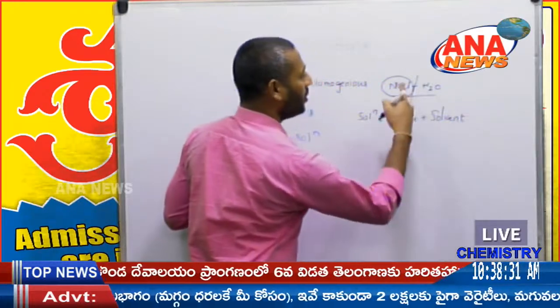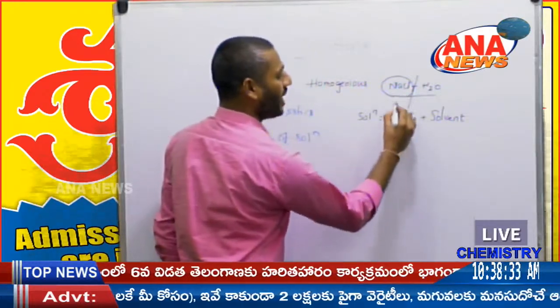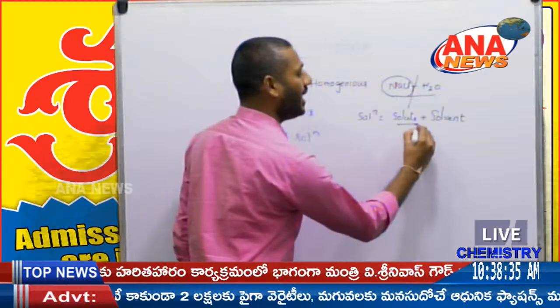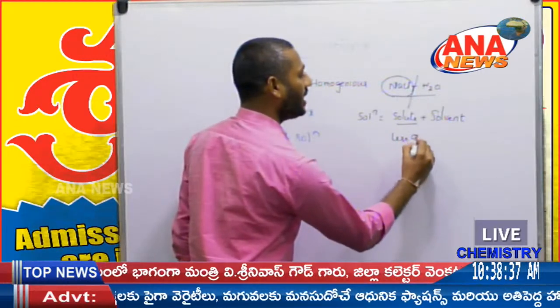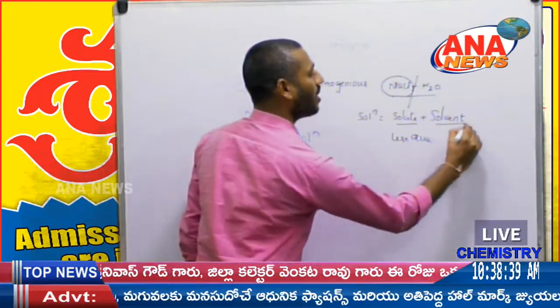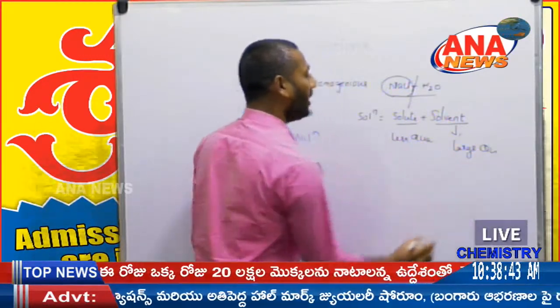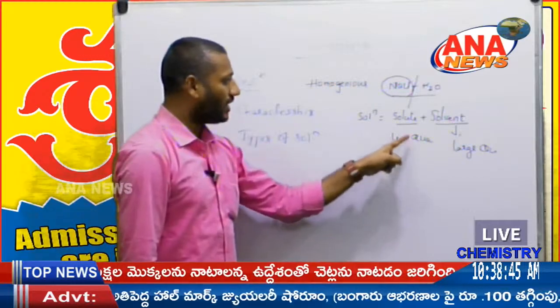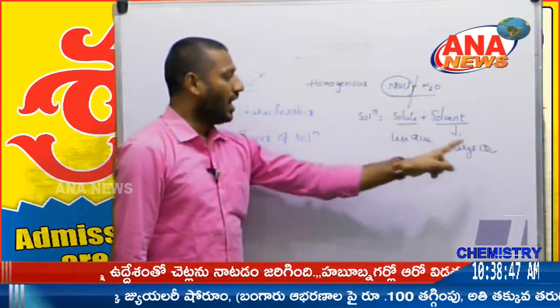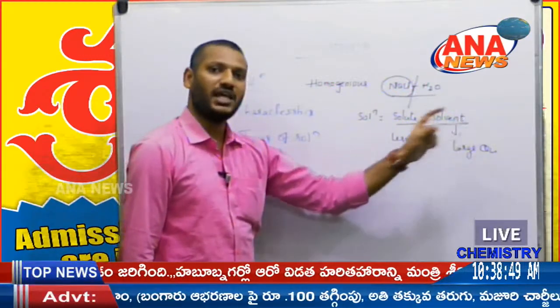In this solution, NaCl is the solute because it is the lesser quantity. Next, the solvent is the larger quantity. So in a solution, the lesser quantity behaves as a solute and the larger quantity behaves as a solvent.